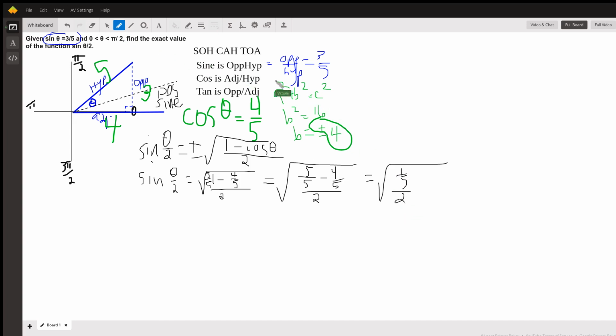And if you remember, this is really division, this is really 1/5 divided by 2, and we'll make it 2 over 1. And the way you do that is you keep the first one, you switch to multiply, and flip the second one. So this is really 1/10 under that radical.